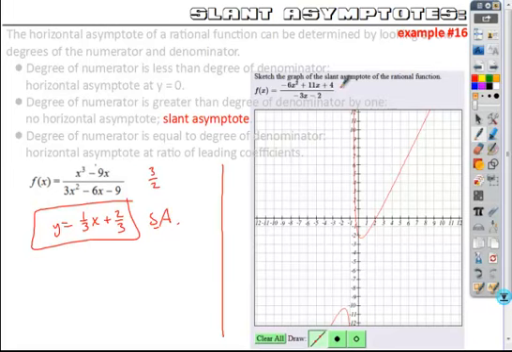Okay, so let's take a look at what type of question you might be asked. You might be asked to just find the equation of the slant asymptote, which would be a question like this. You might also be asked to just sketch that on a graph. Okay, if you're asked to sketch it on a graph, what I want you to do is see if you can divide this function. So it's negative 6x squared plus 11x plus 4 all over negative 3x minus 2. I want you to see if you can come up with the equation for that, and then see if you can sketch that equation on a graph.